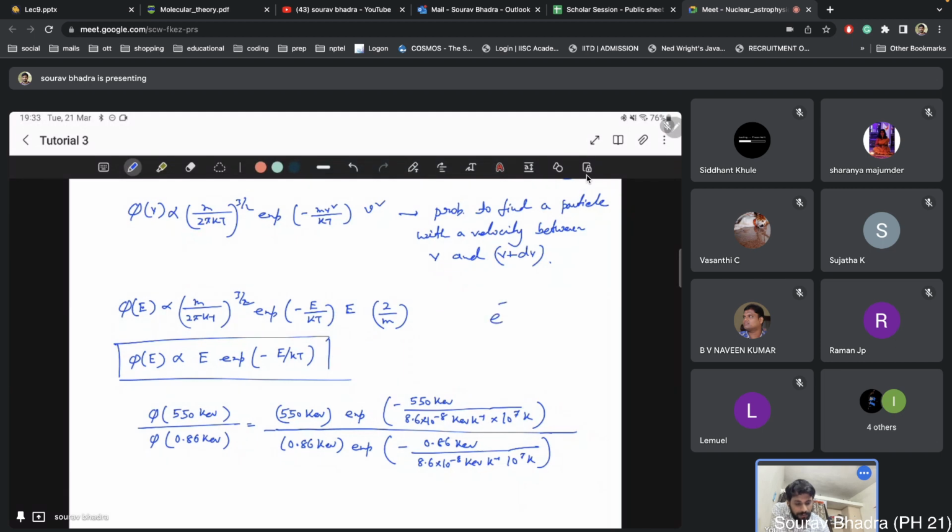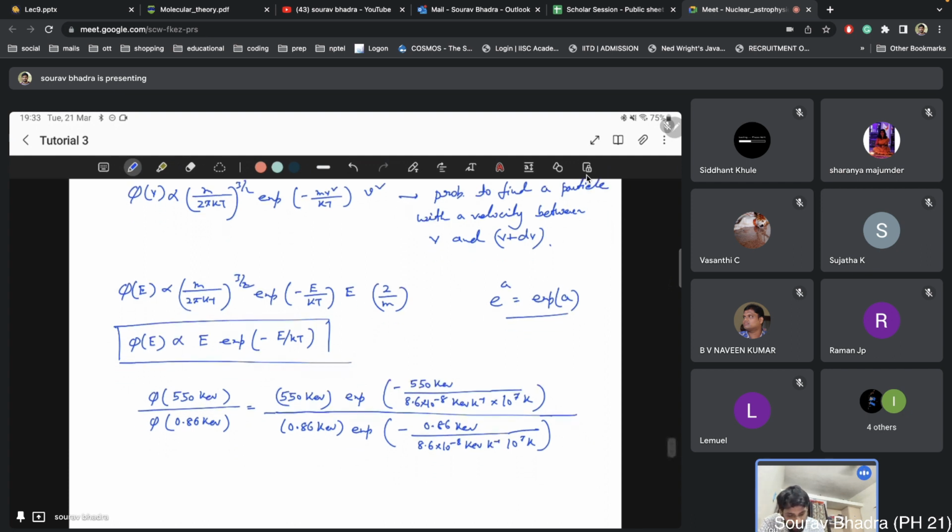I write e to the power a as exponential a, so don't get confused; exponential a means e to the power something. I think you have seen this type of notation.